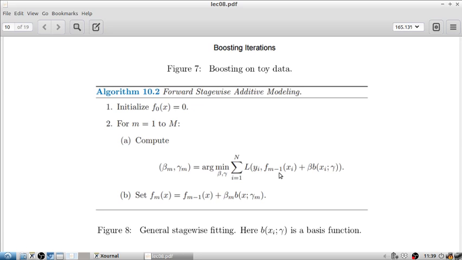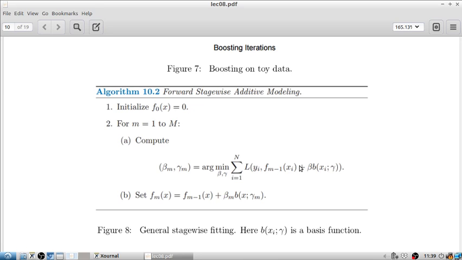That's intuitively correct, but this is yet another explanation that brings it back to the type of stuff we are more familiar with, because rescaling observation weights was kind of a new idea. You must have seen Adaboost in the other class, not forward stage-wise additive modeling.